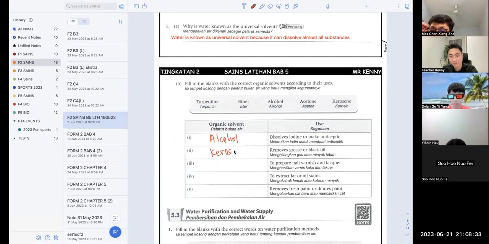Kerosene. Nail varnish. Acetone. Good, Ishin. All right. Extract fats. Ether. And finally, remove fresh paint. Turpentine. Yeah. So you know what turpentine is, right?